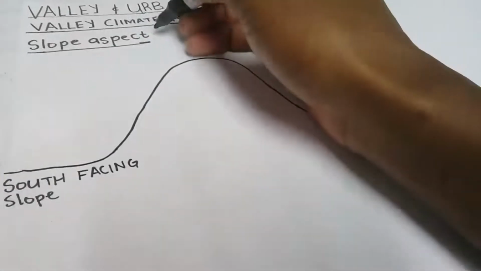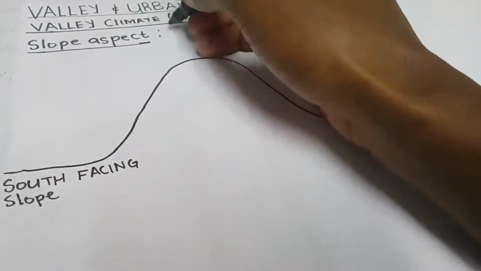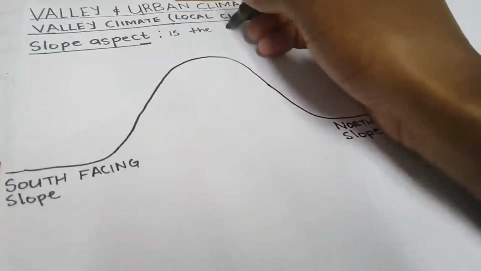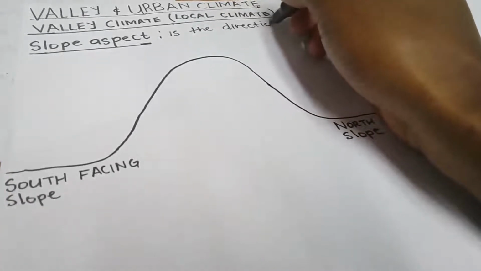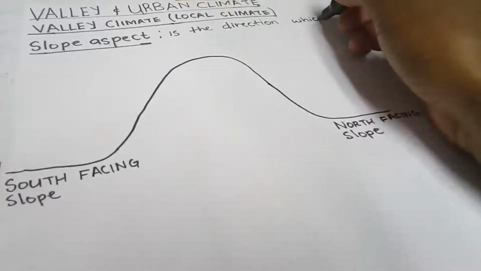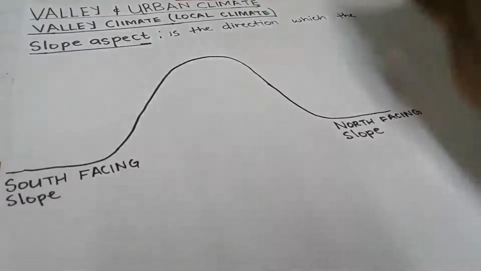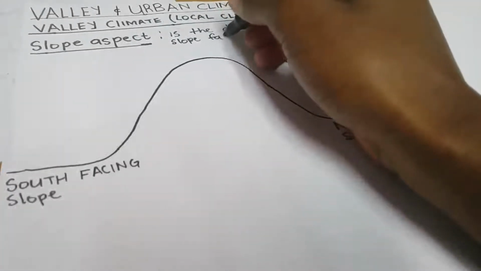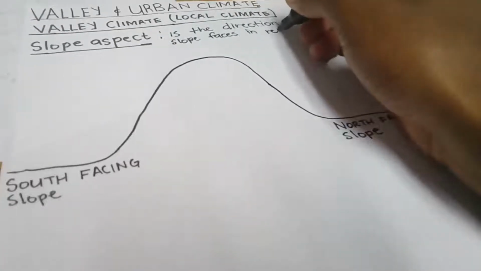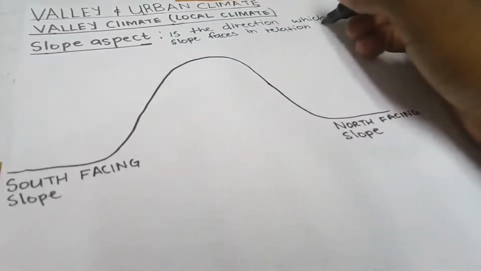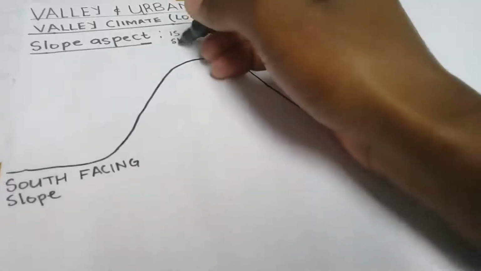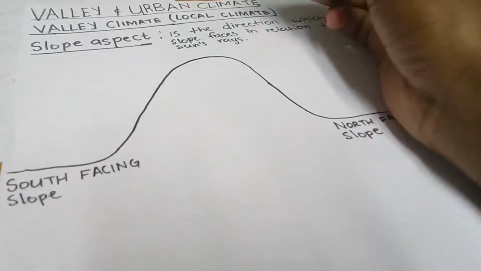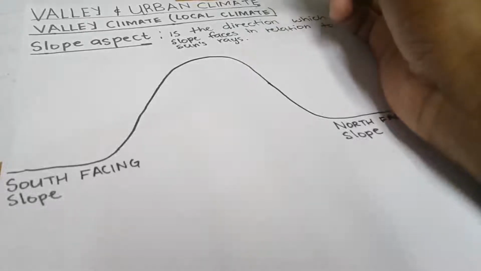Let me repeat. Slope aspect is the direction which the slope faces in relation to the sun's rays.